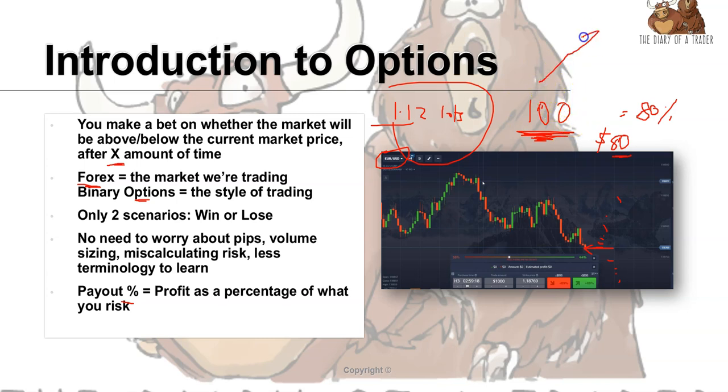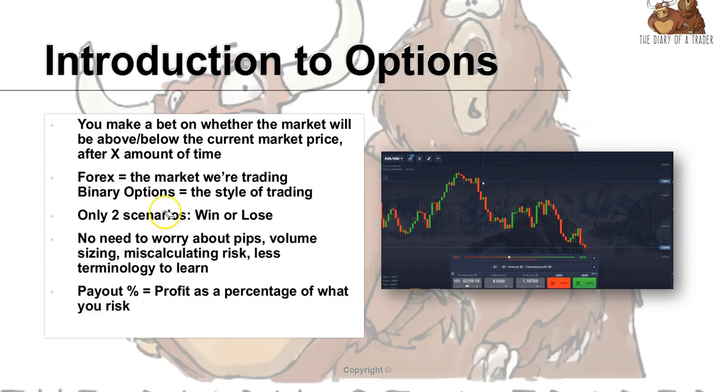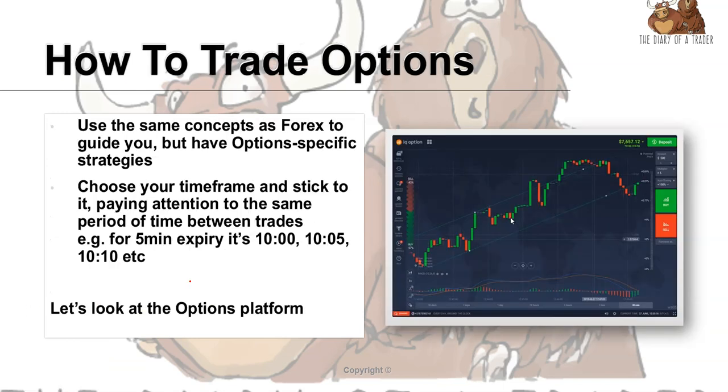However, there is also a higher potential as the market may continue to move in your favor, and therefore you're making more. So that's a summary of the differences, just as an introduction. And now let's move on to the next part and become familiar with how to trade.